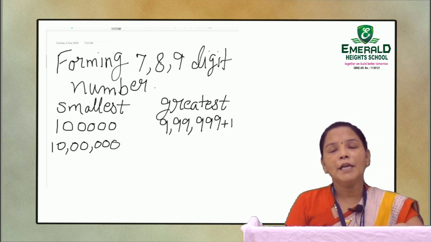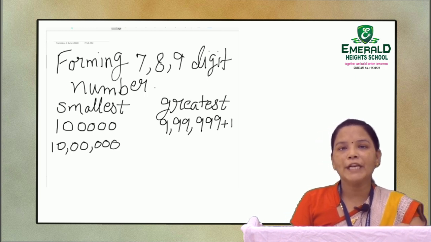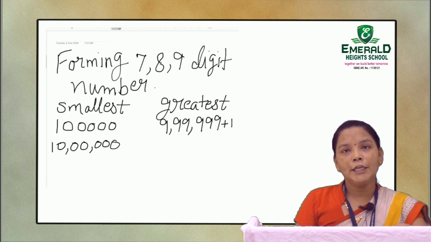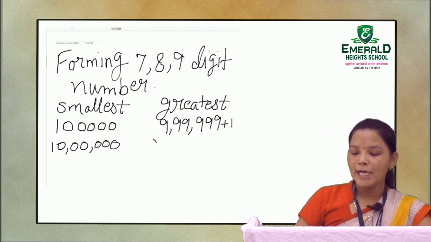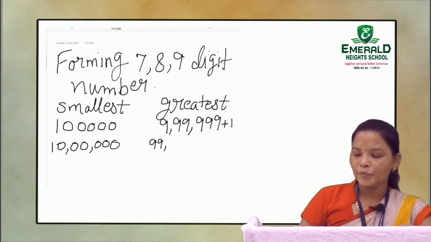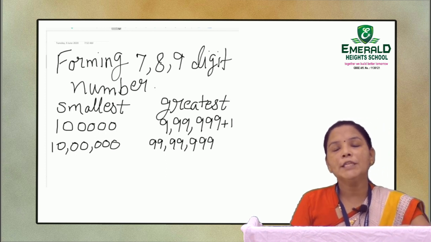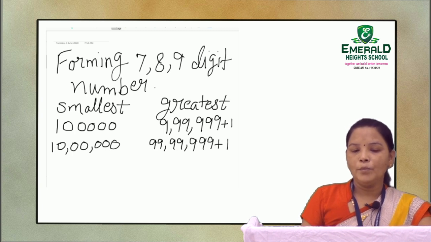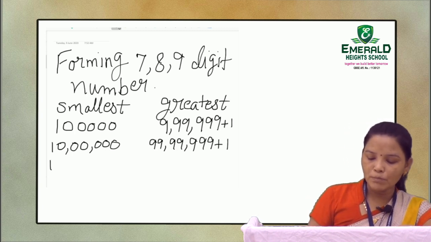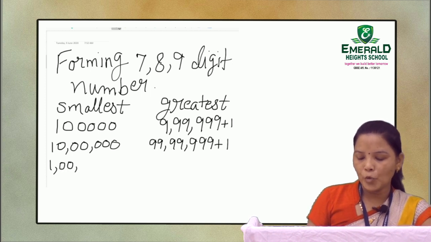Then again with the 10 lakh, if we go on proceeding, we will get 10 lakh 1, 10 lakh 2, 10 lakh 3, 10 lakh 4, and in this way the largest 7 digit number which we get, that is 99,99,999. Now in this if we add 1, we will get the smallest 8 digit number, that is 1 crore.